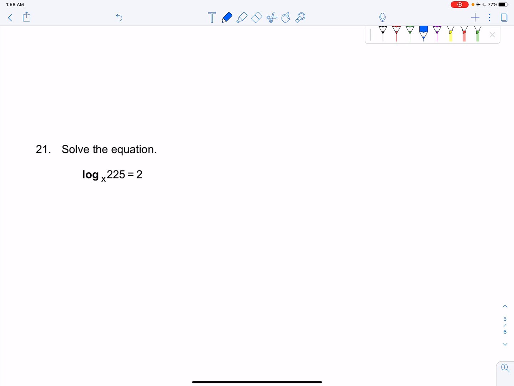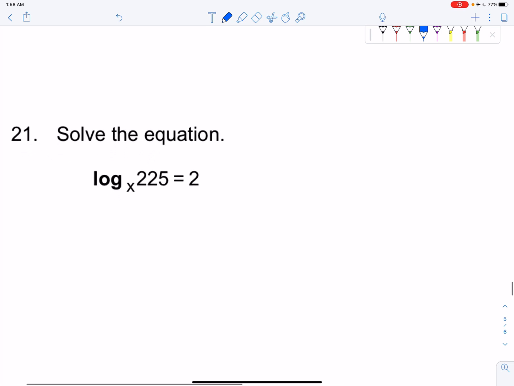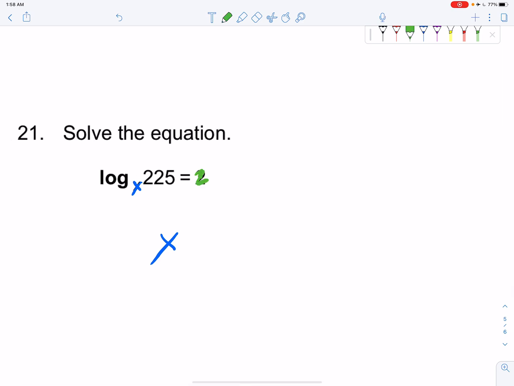Next problem, let's just stick with what we've got right now. Let's just use the definition of log and take the base, x. So the base is x. We're going to raise it to the second power, and all of that better equal the argument, 225. Well, here we go. How do you undo a square? You square root.